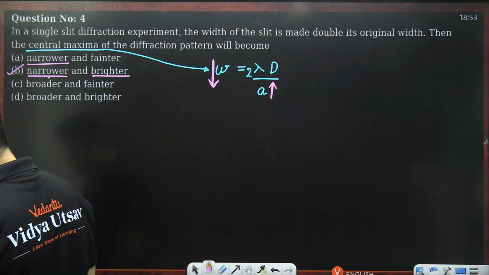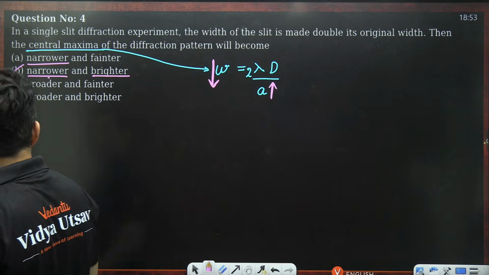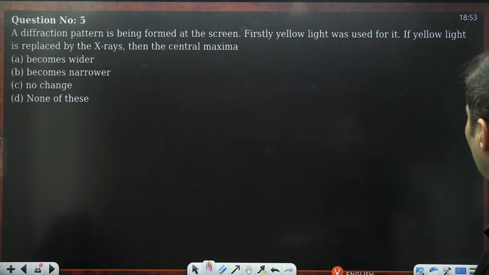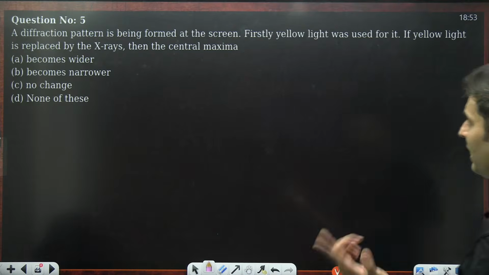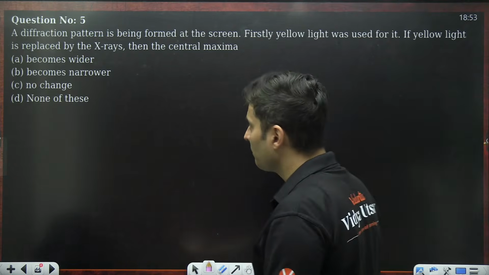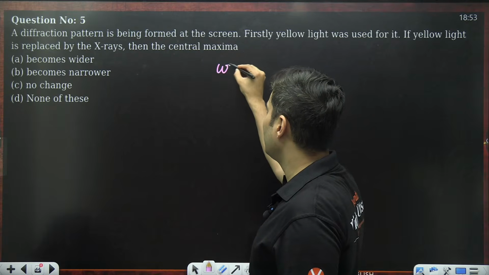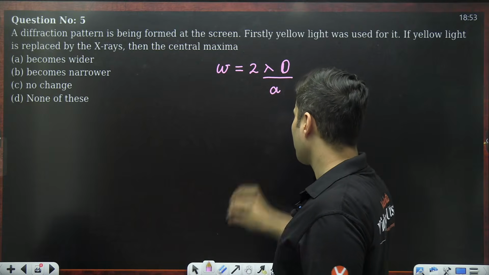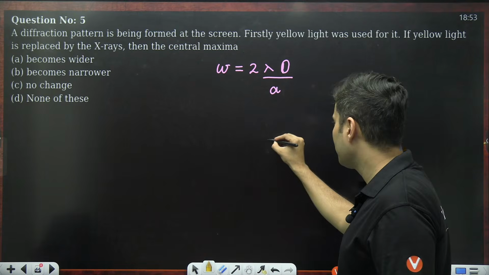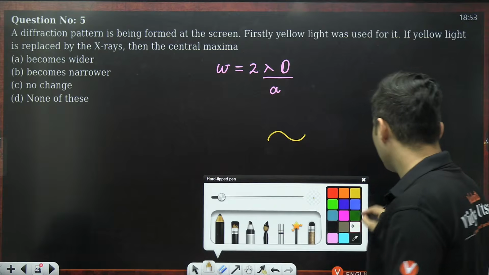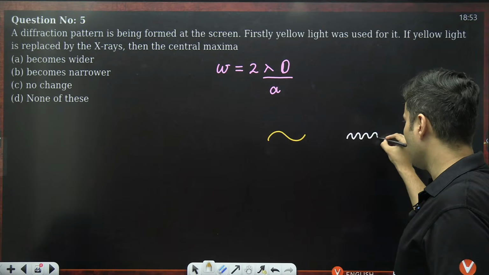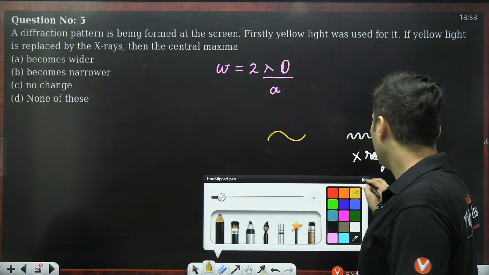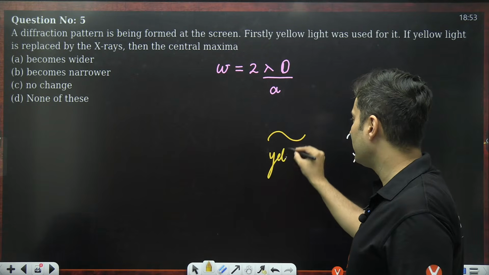Okay, perfect. All right. Let's move to the next question. If there is a diffraction pattern when you use yellow light, and now yellow light is replaced by X-rays, then the central maxima will become what? Now the width of the central maxima, I just told you, is 2 lambda d divided by A. So if you compare yellow light versus X-rays, X-rays has a very small wavelength.